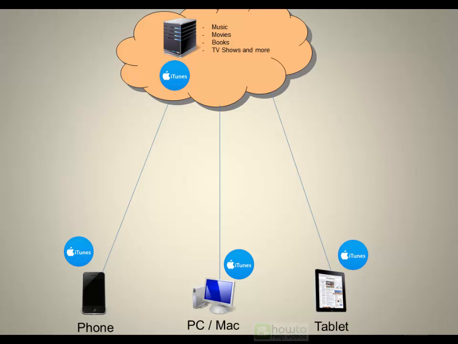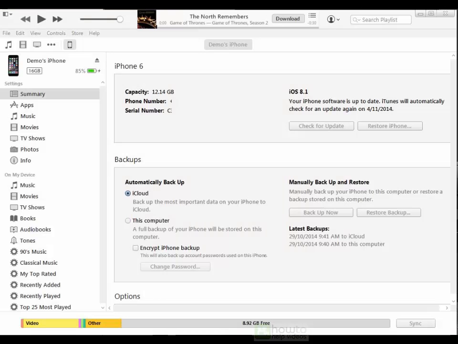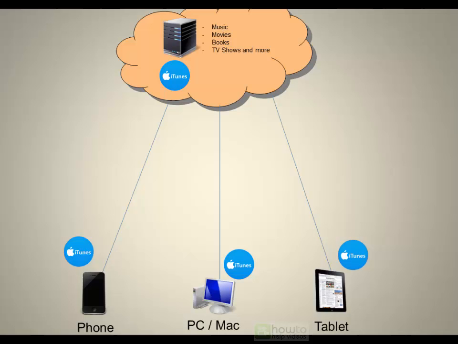The other little gotcha to all of this is that every time you download a movie and store it on your device, be it a phone or an iPad, you consume the memory of that device. And as you can see here, we can check those stats within iTunes. We can also check it on our phone.